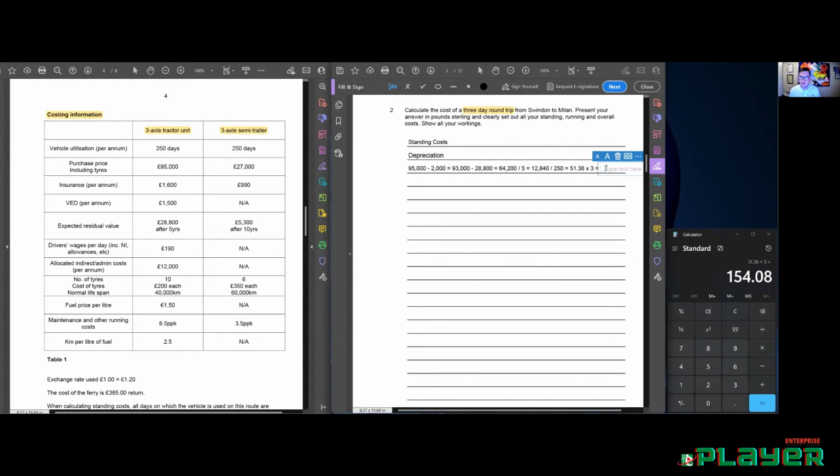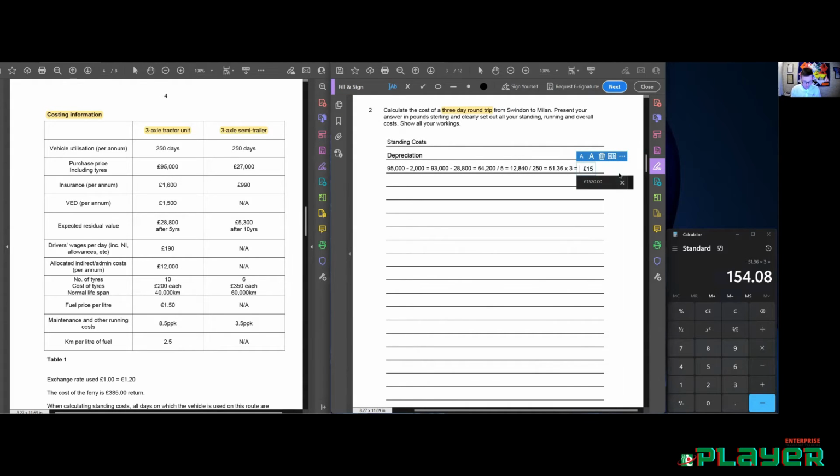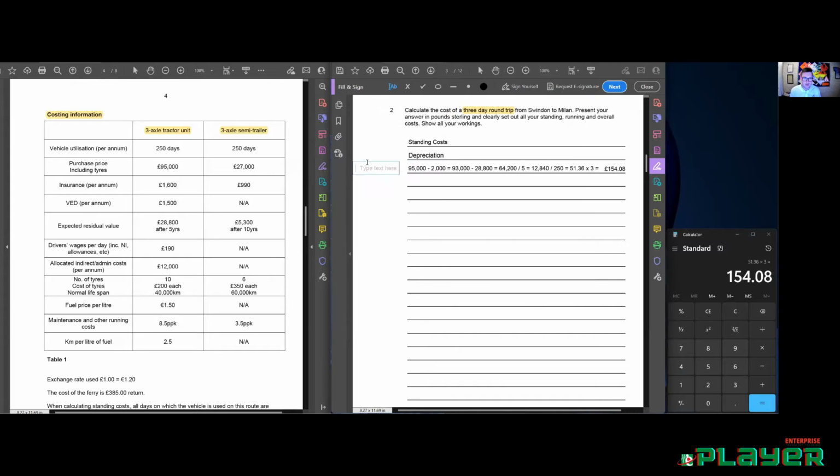So here, I'm going to write in my total of £154.08. Now, what I should have done over here is typed tractor, because that is the cost for my tractor unit.